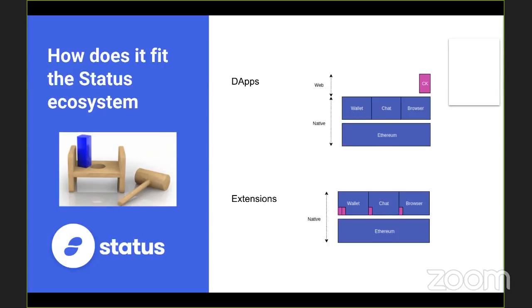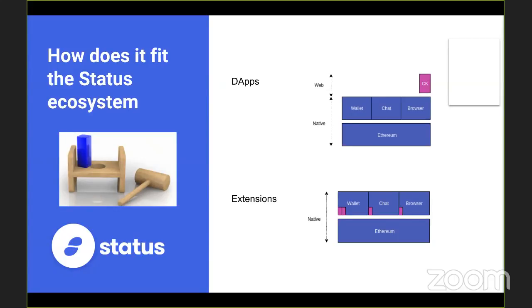If you take a look at the top diagram, that's what we have currently. At the bottom, you have the Ethereum node, which provides all the access to the Ethereum blockchain. On top of that, we implemented higher-level features like wallet and chat.